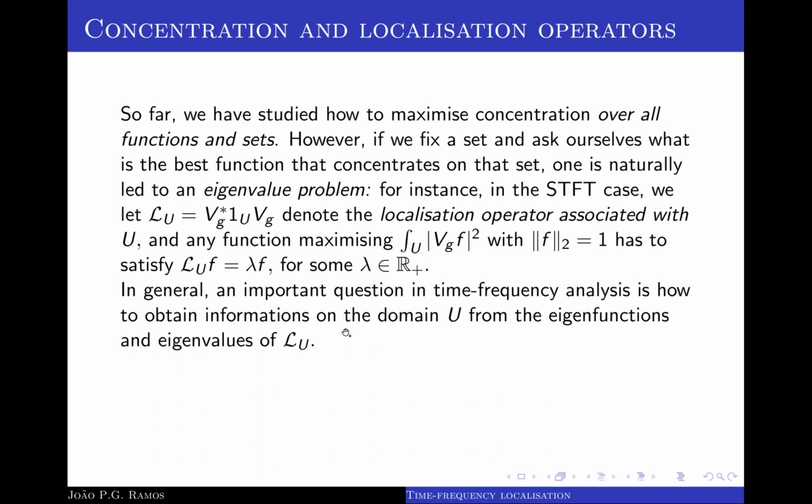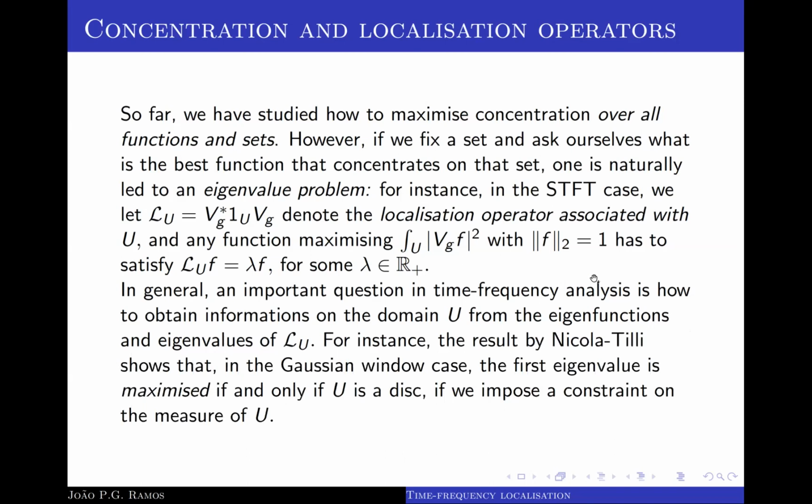In this area of time frequency representations, in signal processing and the applications thereof, it's a pivotal problem to obtain information on U from information on the eigenfunctions and eigenvalues of these operators, and moreover to deduce as much information as possible on the set U with as little information as possible on the eigenfunctions and eigenvalues.